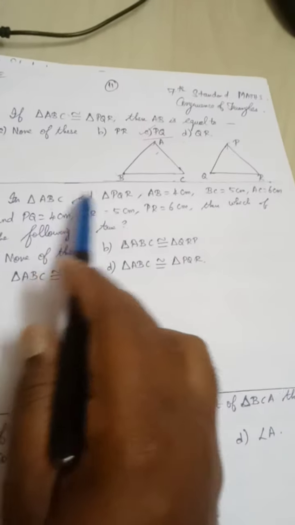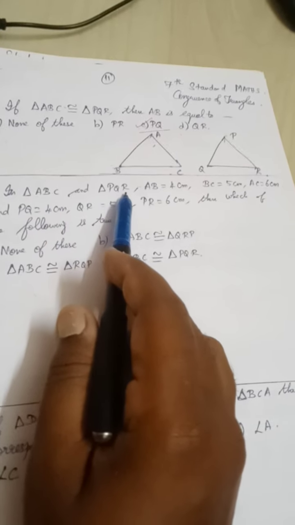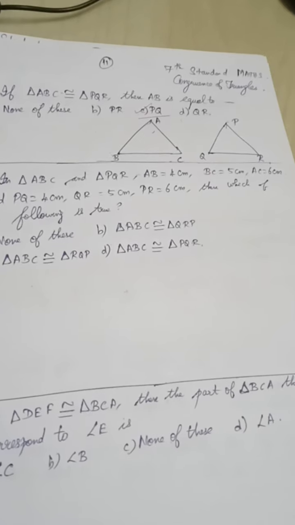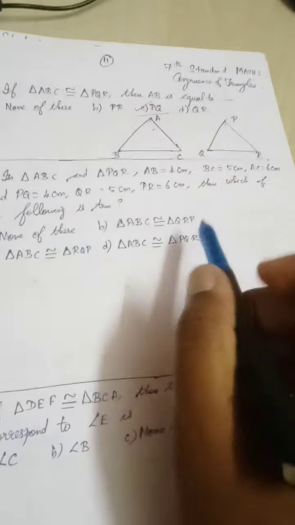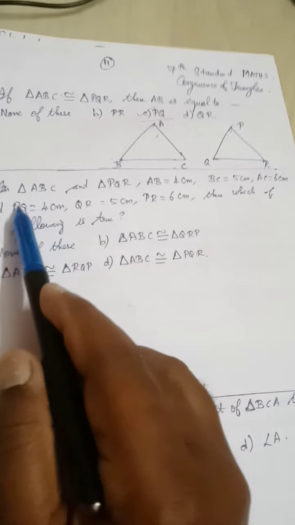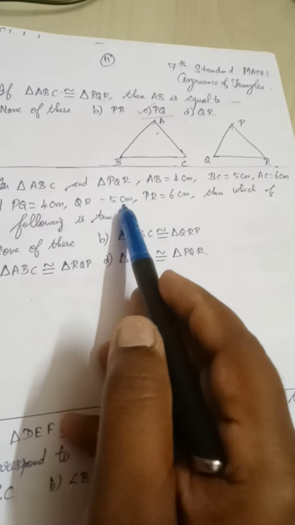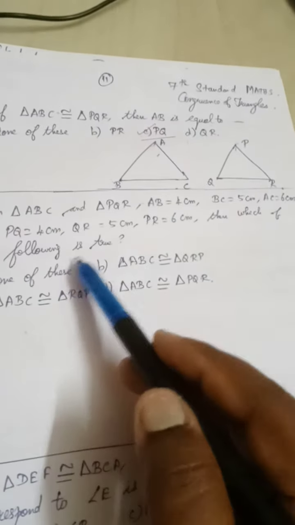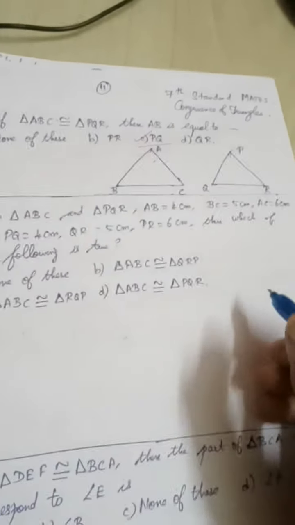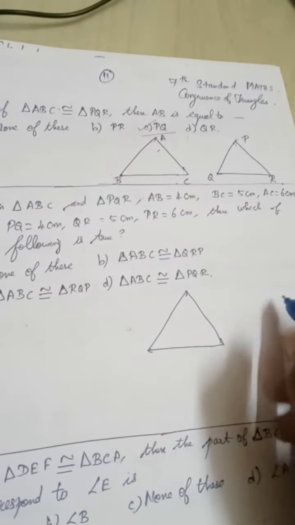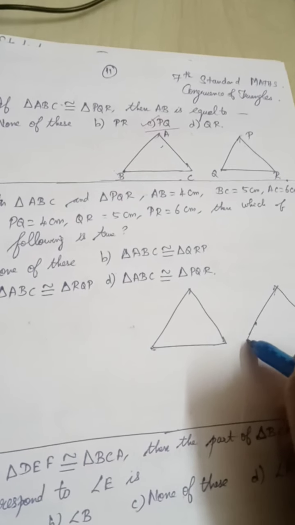The next one. In triangle ABC and triangle PQR, AB equals 4 cm, BC equals 5 cm, AC equals 6 cm, PQ equals 4 cm, QR equals 5 cm, PR equals 6 cm. Then which of the following is true? Triangle ABC, triangle PQR.